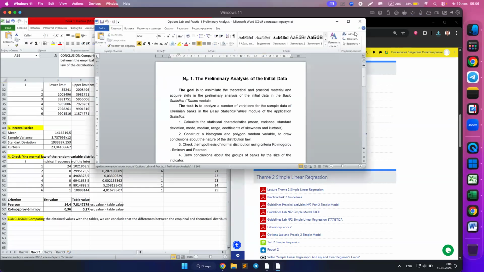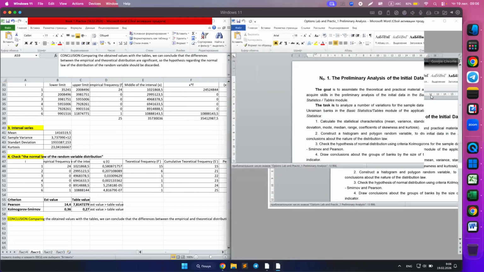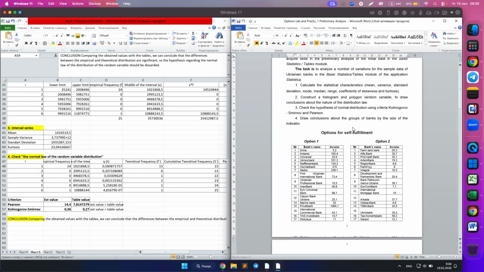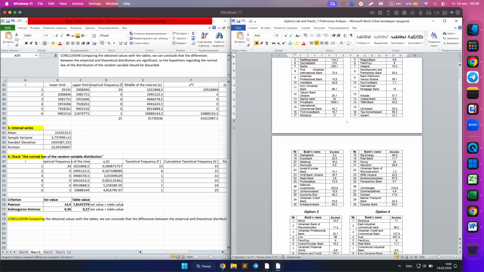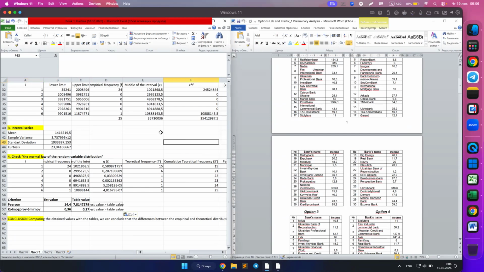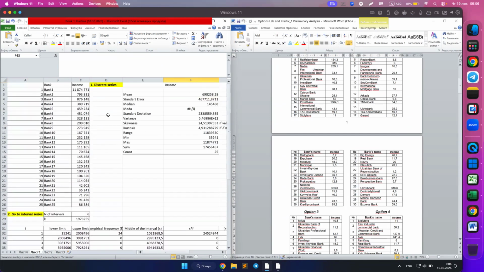In these options, we have information about Ukrainian banks too. Here we have 30 banks, not 25. And you have to repeat this algorithm and calculate all of this part of work for your personal option.